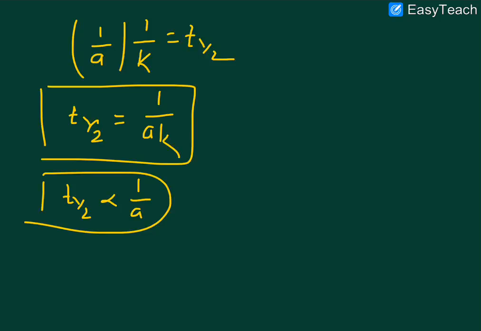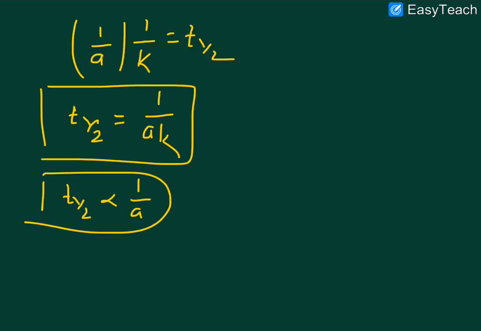Because there is a power of 2, when we increase the initial concentration of reactant, there is an exponential increment in the rate of reaction. So the reaction will speed up, and a minimum time will be required for the 50% completion of the reaction.